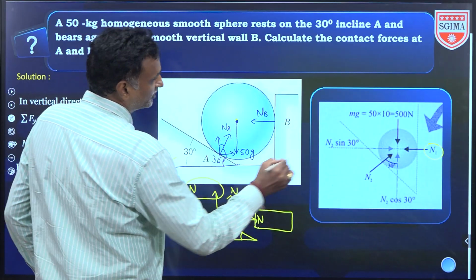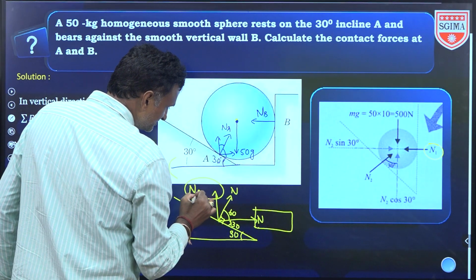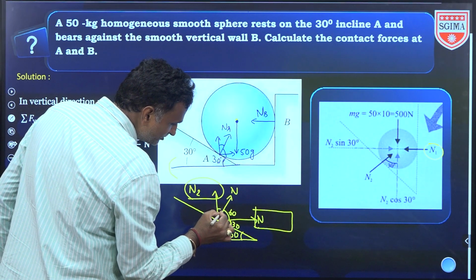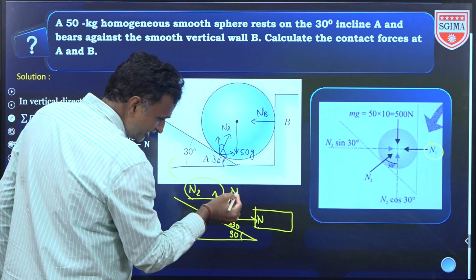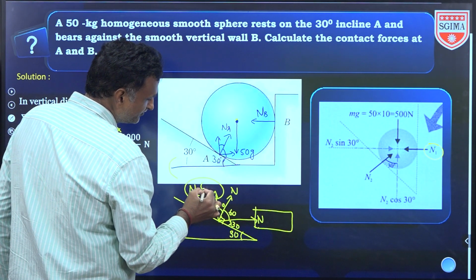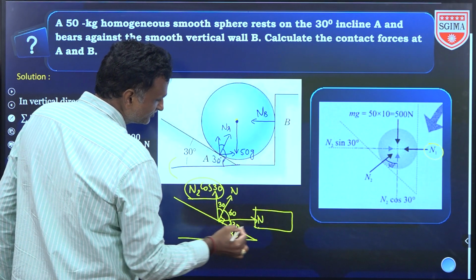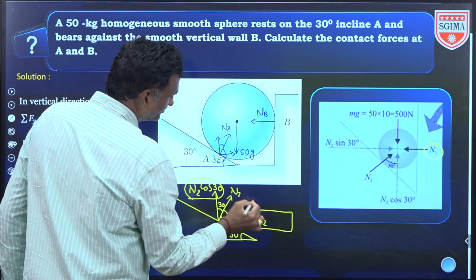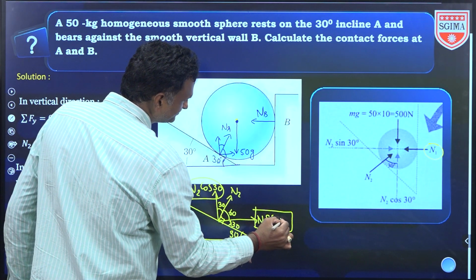See what they have taken, N2. This is N2. Then this angle is how much? 30 degrees. The component along this one is N2 cos 30, and this is N2 sin 30.